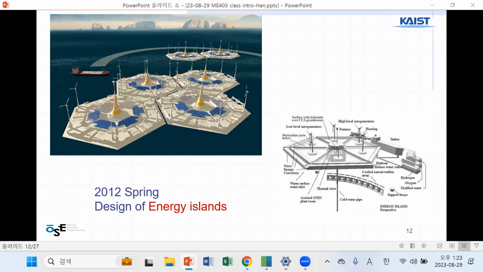This is about energy island. You can see that there is a wind power system, also solar panels too, and also you can expect wave power generation with electricity, and also there are more. You will learn this from this class.